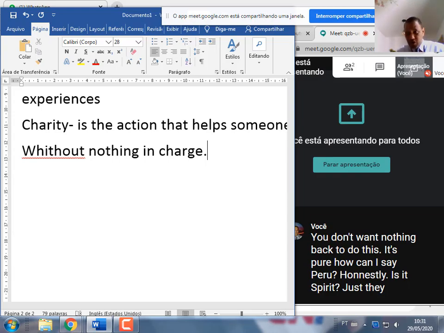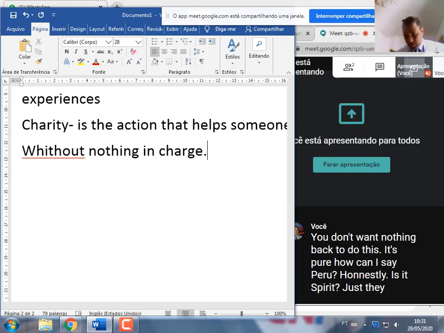But a donor is probably helping someone to survive, most of the time an organization, could be a church or some kind of organization that you use this. So this is donor. The difference between donor and charity is like this.